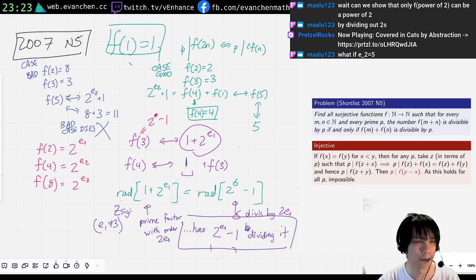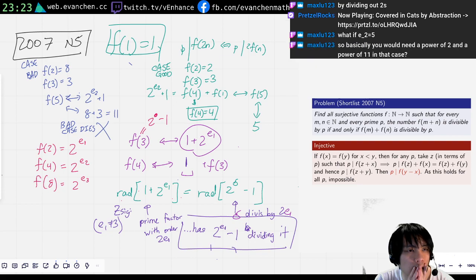Actually, let me scout out the rest first, because I think if I keep pushing this, I can solve the problem, and then I'll try to consolidate everything. You just can't do it. You can't get 2 to the something plus 1 to be a power of 11, is what I'm trying to say.